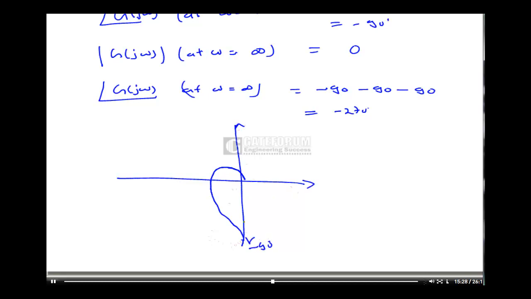This is minus 90, minus 180, minus 270 and 0, or minus 360 degree. Okay, so we have to find the point at which my G of j omega crosses minus 180 degree point.